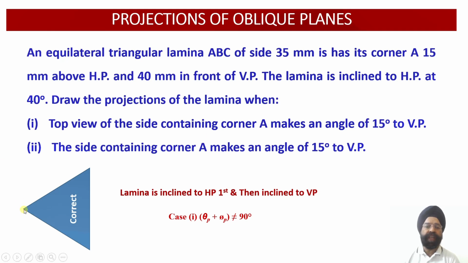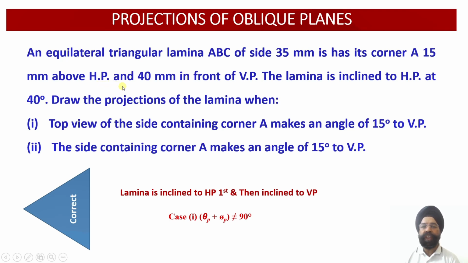That is, the true shape will be revealed in the top view, which will be drawn below the XY reference line. Another thing we know by now is that it has got one corner A 15 mm above the horizontal plane. So it means that the edge view which will be obtained above the horizontal plane will be located 15 mm above the horizontal plane or the XY line.